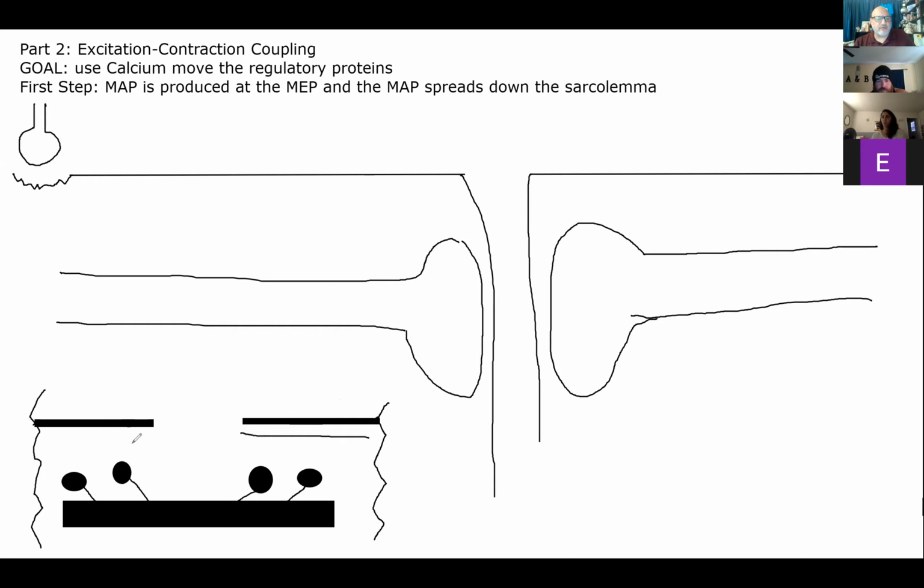And what was the thread-like regulatory protein called again? Tropomyosin. Tropomyosin. And tropomyosin has these little handles on it. The troponin. Excellent.